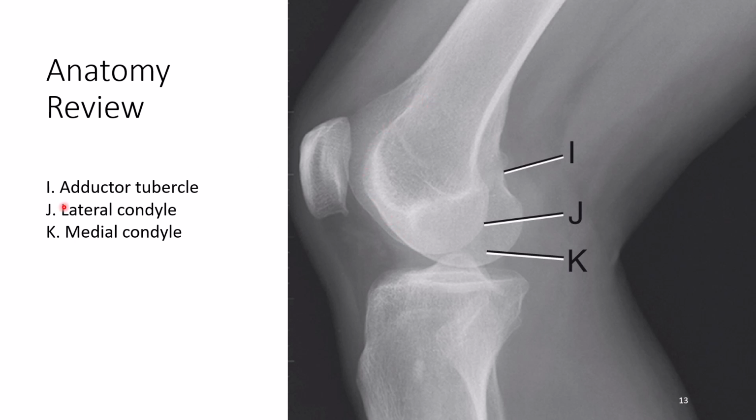So what they're telling you is that right here, I'll highlight that if I can, this bump or protrusion is the adductor tubercle, and the adductor tubercle sits on the medial condyle. So this is the medial. J, this one here, is the lateral condyle.